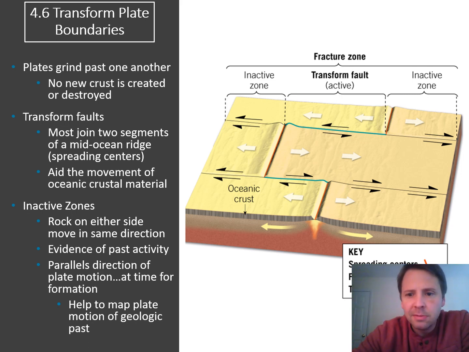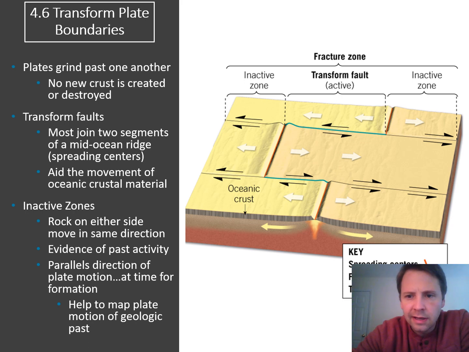So within this image, you can see the key here. These linear features are mostly found under the oceans, right? Obviously there are some on land, hence California, but mostly you'll see these under the oceans, basically linear depressions.